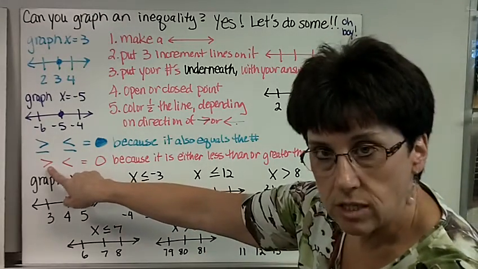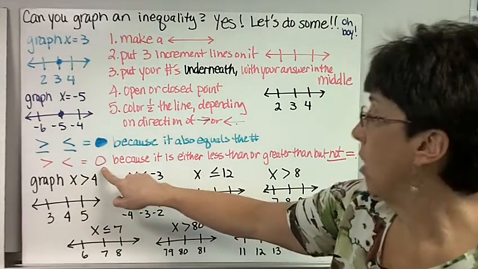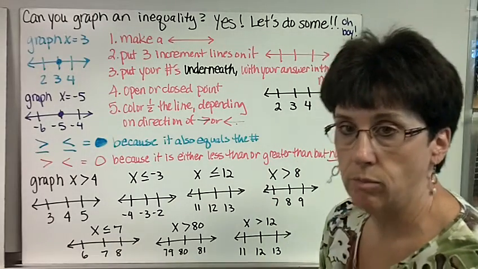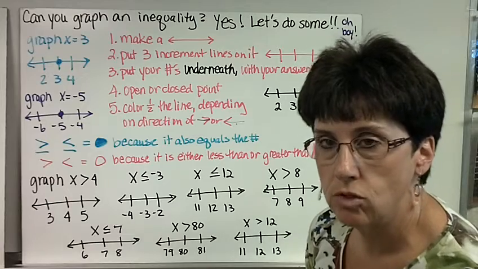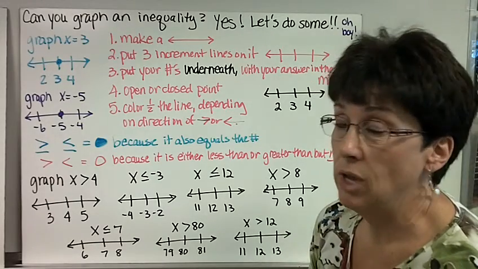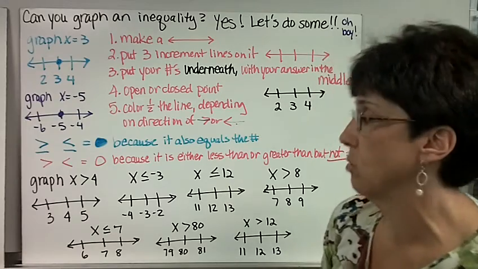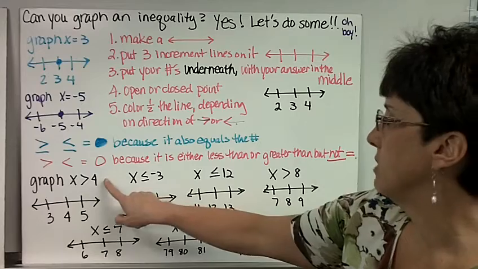If it's just greater than or less than, we put an open point on our answer because it's either less than or greater than the number, but it's not equal to the number, okay? So if I say you need to weigh less than 250 pounds to ride the roller coaster, you can't weigh 250 pounds. You have to weigh less than 250 pounds because you'll break it if you actually weigh 250 pounds or fall out. Okay, let's graph some.